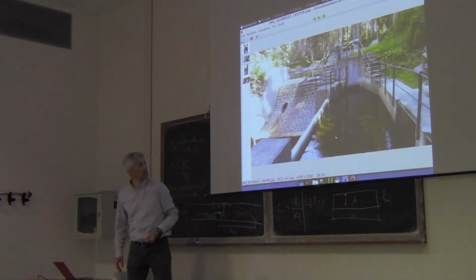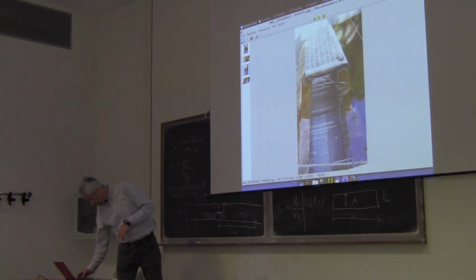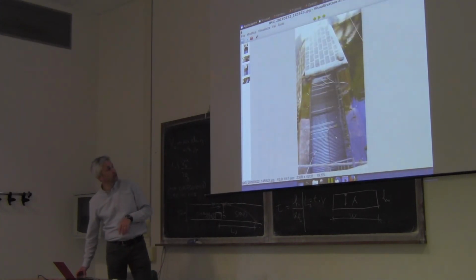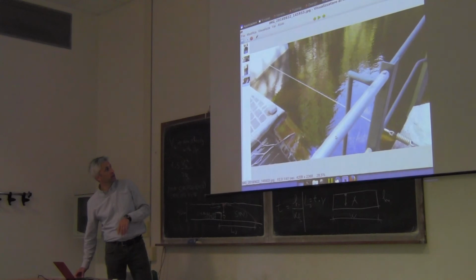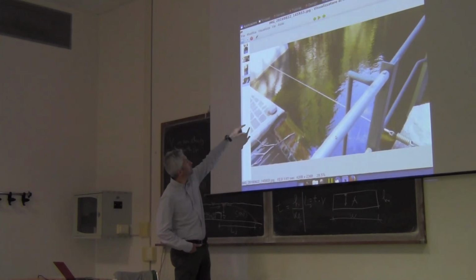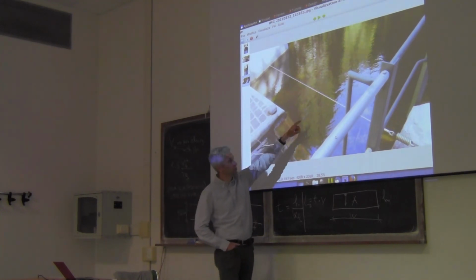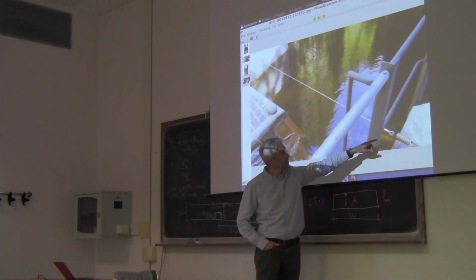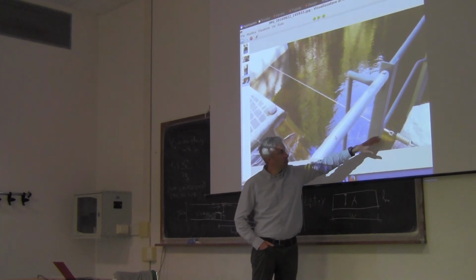I think it is an interesting plant. And here you see a detail of the grid. And here you see a detail again of the grid and the weir, and here you have an instrument for measuring the water level. And I think this is a wire.